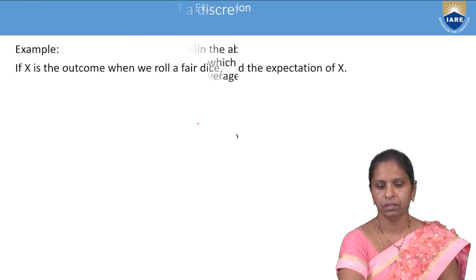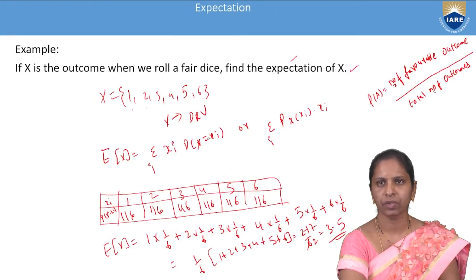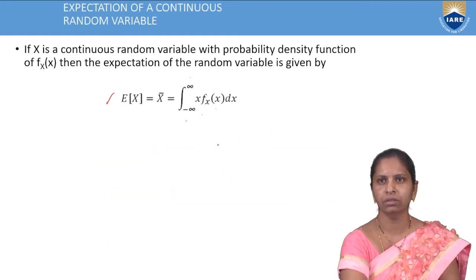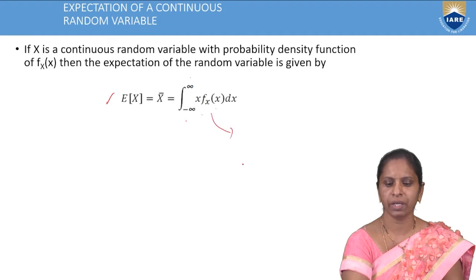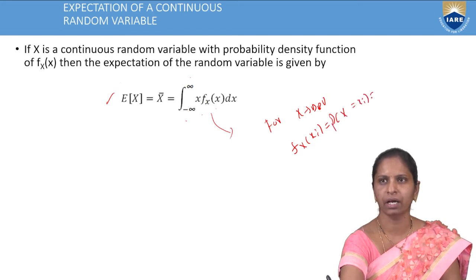And here I'm having x into p of x equals xi. So here it is x into fx of x for a continuous random variable. If x is a discrete random variable, then what do you get here? Fx of xi is nothing but p of x equals xi only.